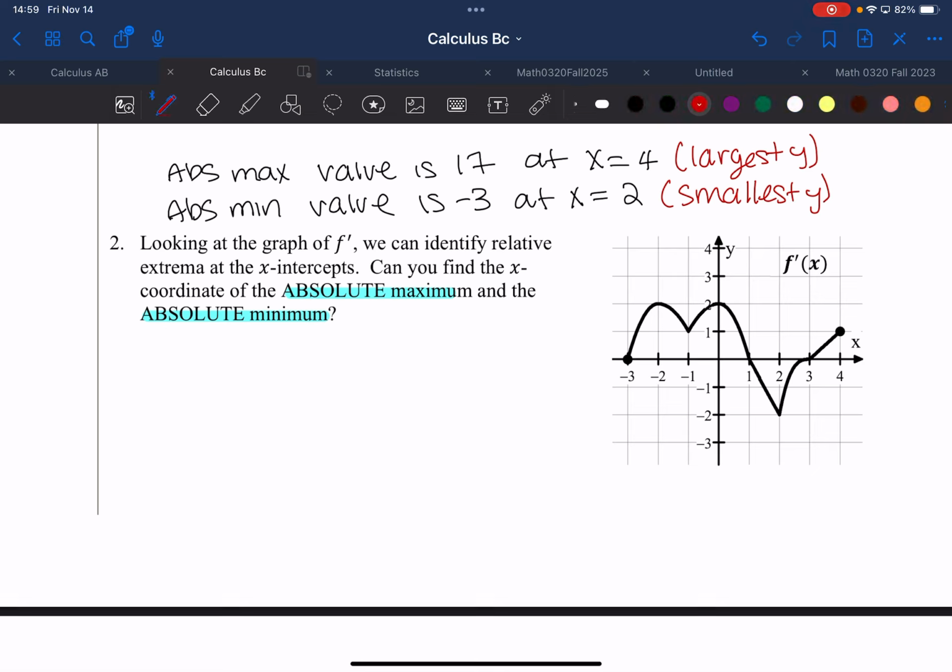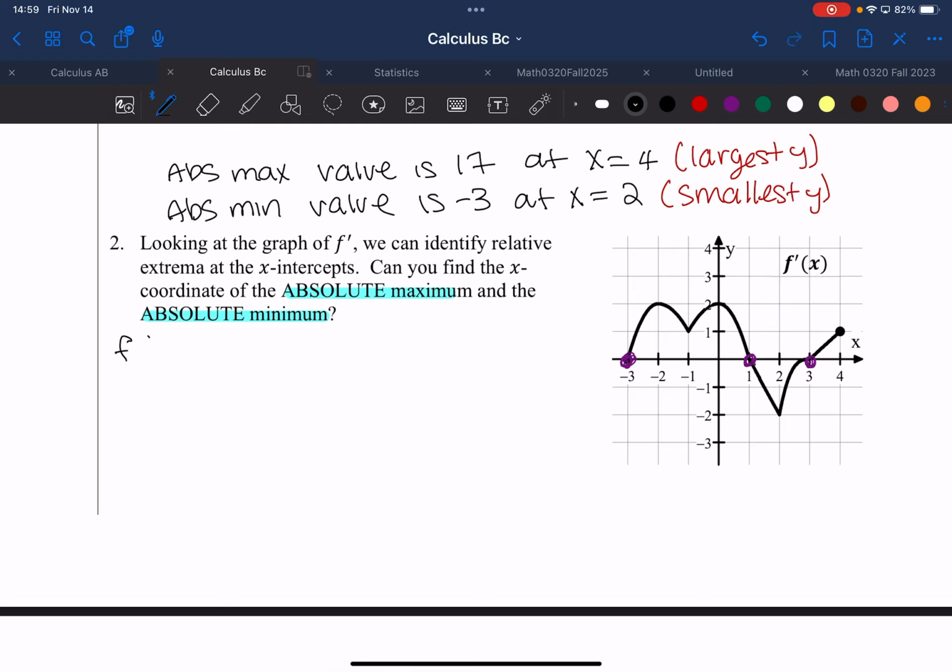Okay, so we have right here, and right here. Okay, relative extrema. Before we continue this, we also know that everything above the x-axis tells us what? That f is increasing.